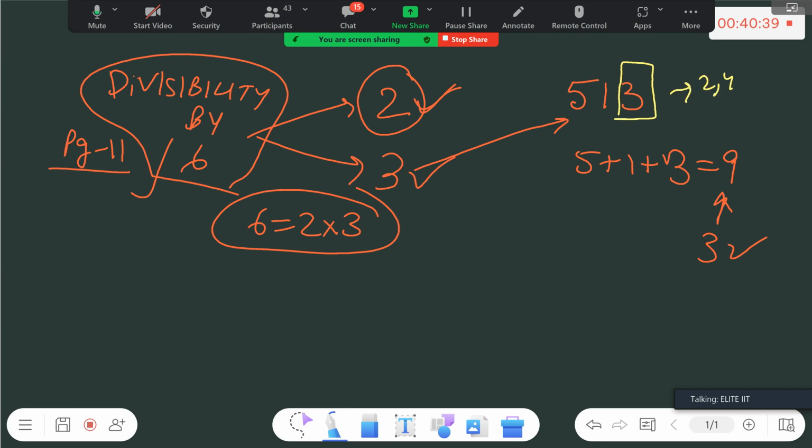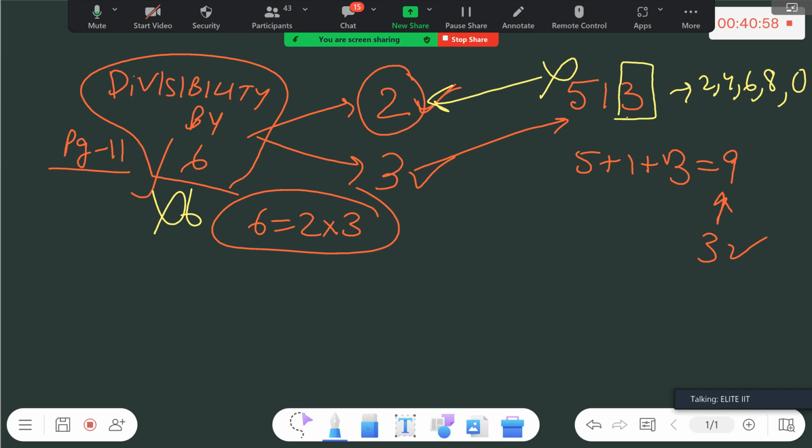That is, it should be 2, 4, 6, 8 or 0. But here it is 3, which is odd. So this 513 is not divisible by 2. So ultimately 513 is actually not divisible by 6. It should be divisible by both 2 and 3.